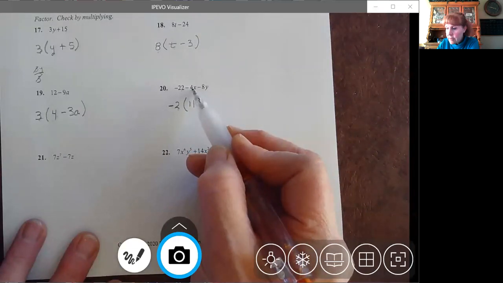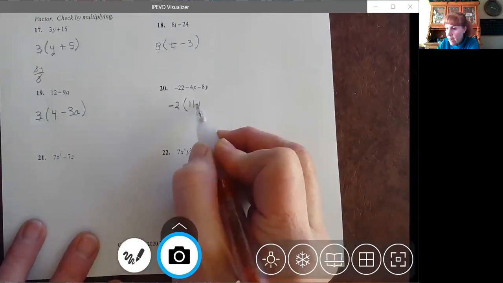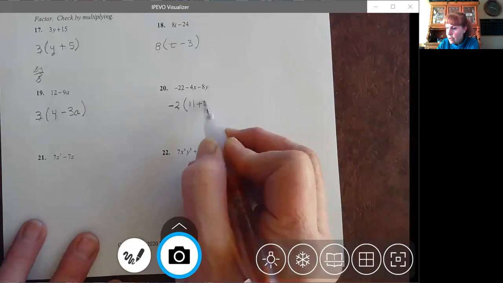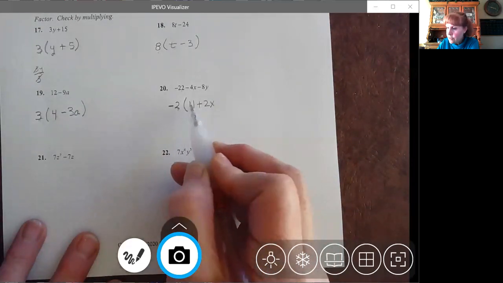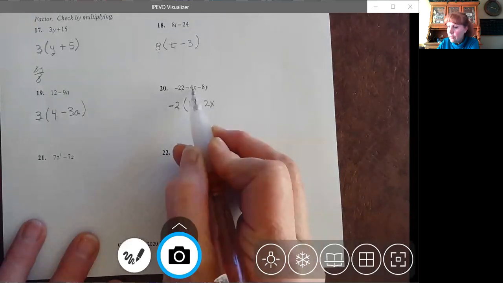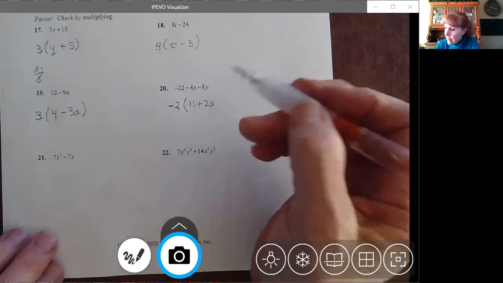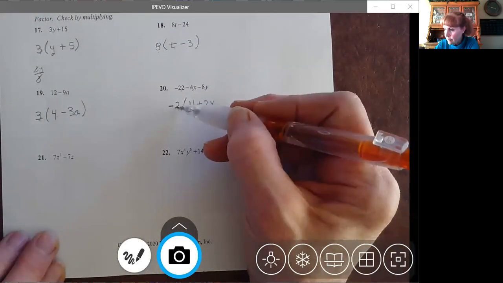Negative 4x divided by a negative 2 is a positive, because a negative divided by a negative is a positive 2x. And when you take negative 2 times 2x, you get a negative 4x squared. Take a negative 8 divided by a negative 2.